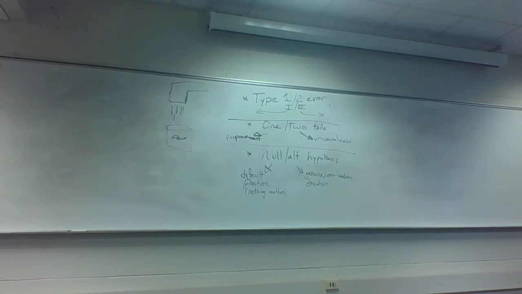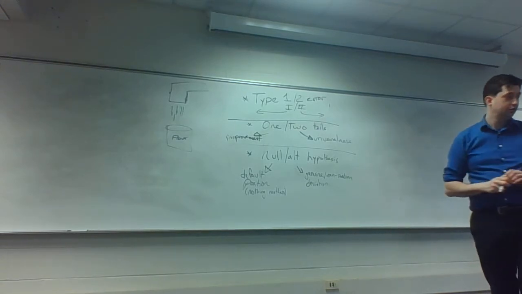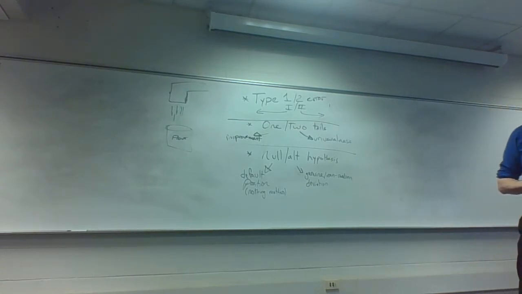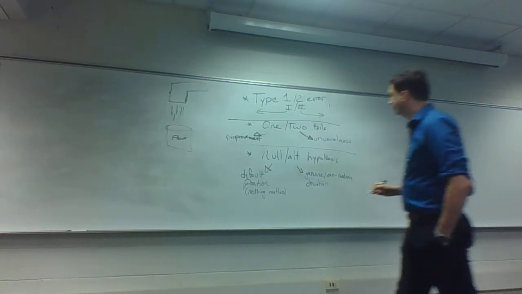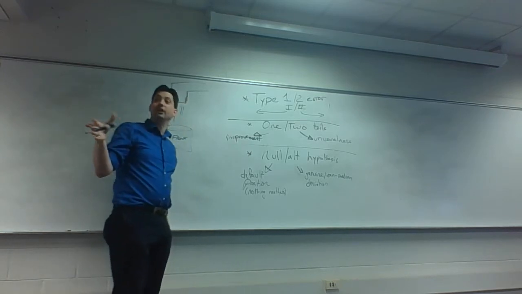Type 1 is failing to reject the null, and type 2 is you fail to reject it. So we're going to emphasize that it was a mistake when you did it.